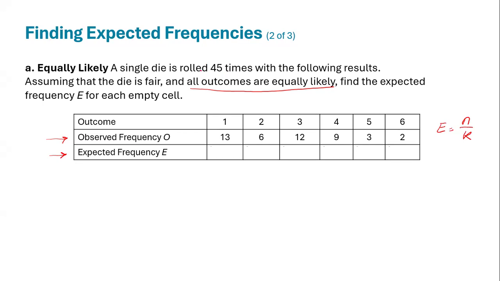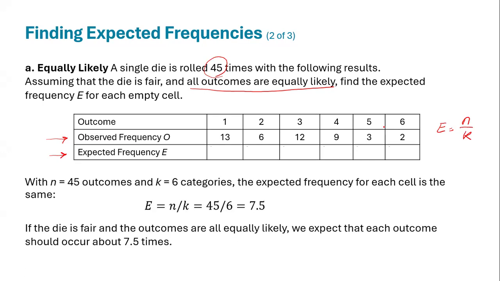Sample size is 45. How many categories do we have? 1, 2, 3, 4, 5, 6, that is 6. And if we divide 45 by 6, we get 7.5, which means the expected frequency for all categories is 7.5. And it's the same for all categories. This is how we find the expected frequency.